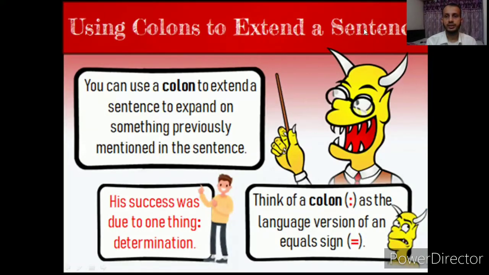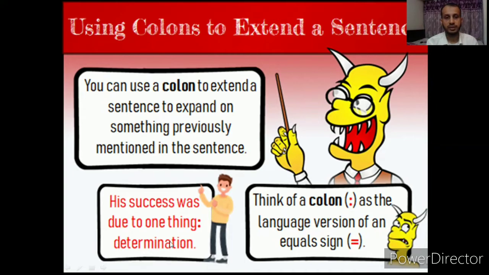Using a colon to extend a sentence. You can use a colon to extend a sentence, to expand on something previously mentioned in the sentence. You just extend your information. So by using this, you can use a colon. His success was due to one thing: determination.